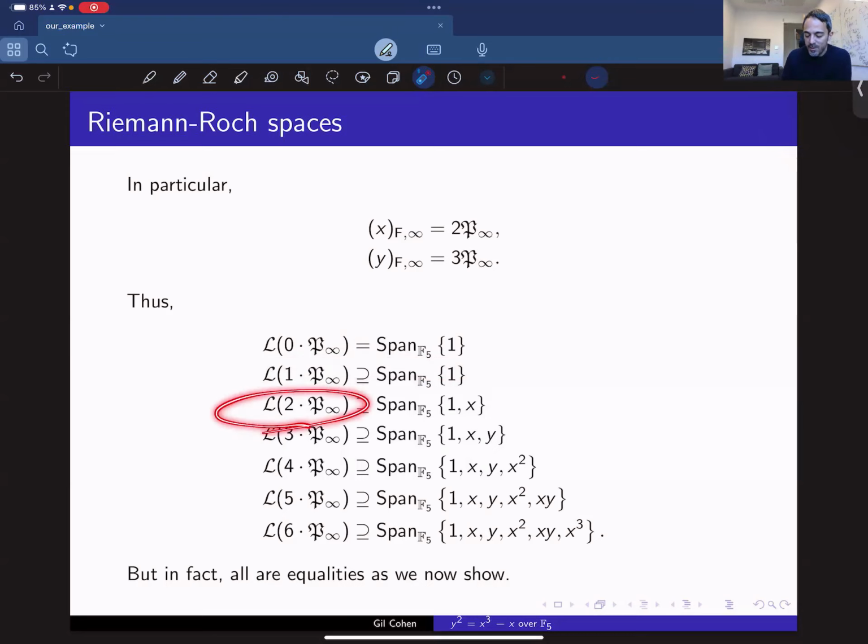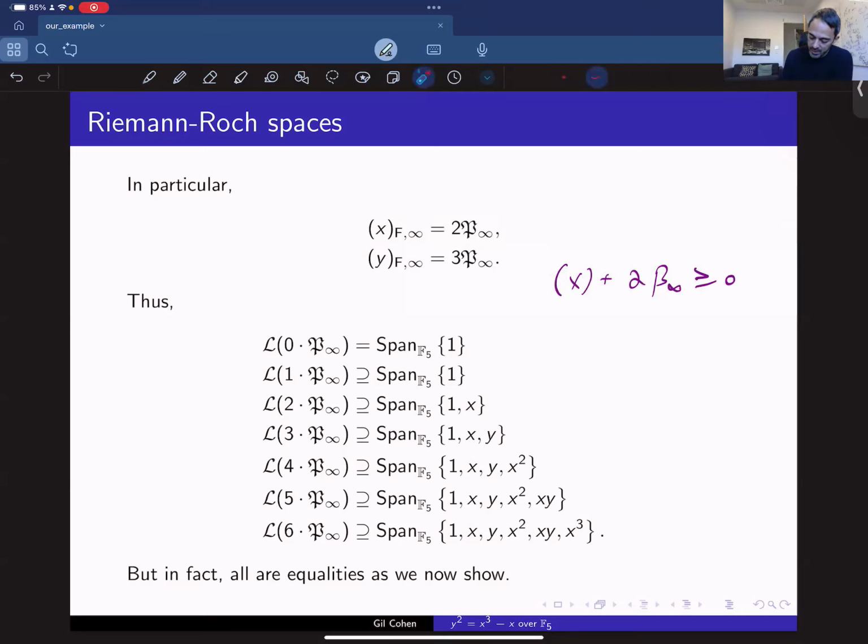But in L of 2 times p infinity, you have not only 1 as a basis, but also x, right? Because x has 2 poles at infinity, so it satisfies the requirement to enter this Riemann-Roch space, namely, the divisor of x plus 2 p infinity is at least 0, because it has 2 poles at infinity and it has no poles anywhere else.